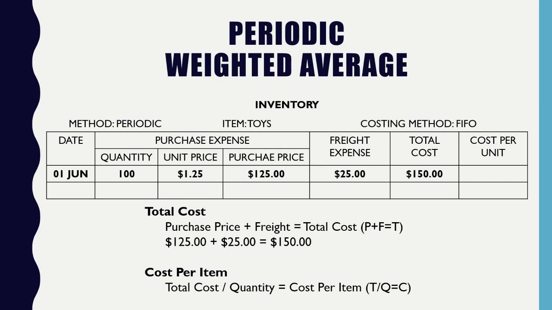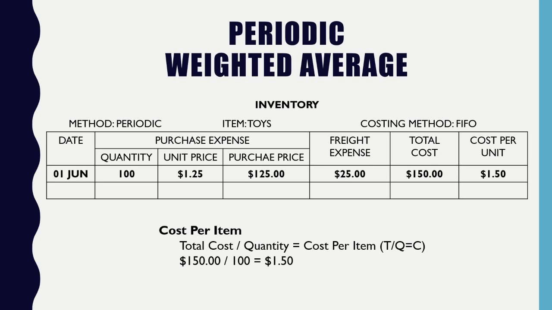In this case, yes, we can solve the cost per item because it is the first batch. If this is the only batch of inventory you purchase, then this is your average cost per item, which is going to be $1.50.